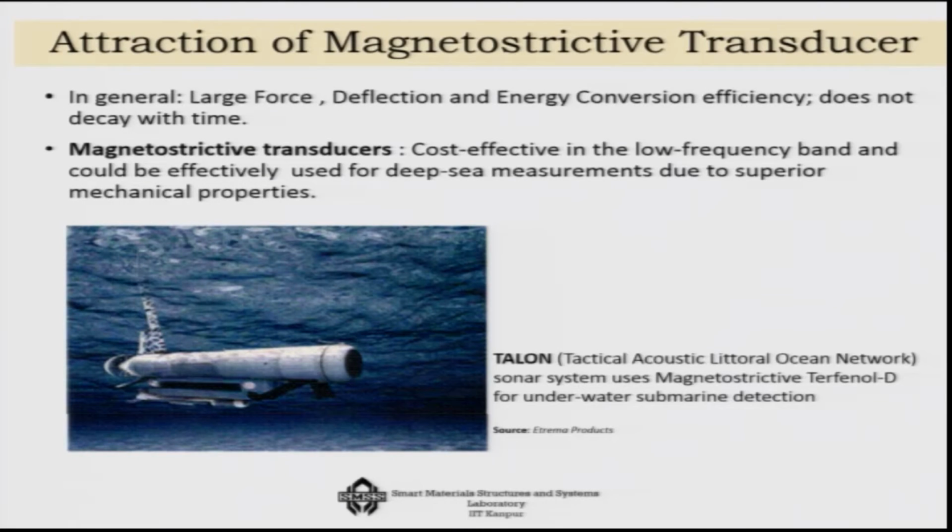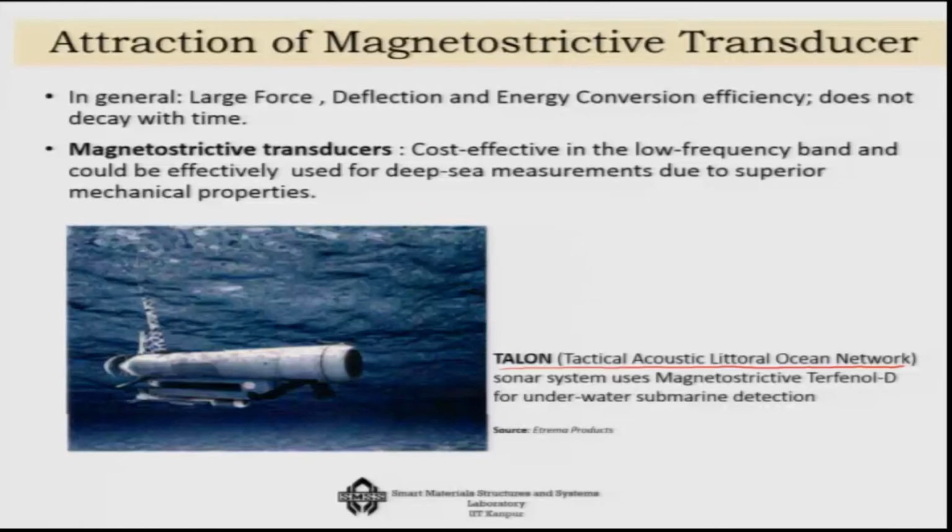Now, where can we apply such a system? One of the most important applications of such a system is in tactical acoustic littoral ocean networks, TALON. These are sonar systems. Sonar systems are used for defense purposes.